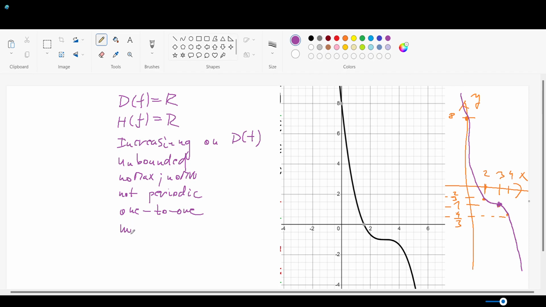No, not odd, not even, I'm sorry, not an even function, no min, no max, done. 1-to-1, yes. Graph, cubic curve, unbounded, odd, even, done. Okay, I'm done here.